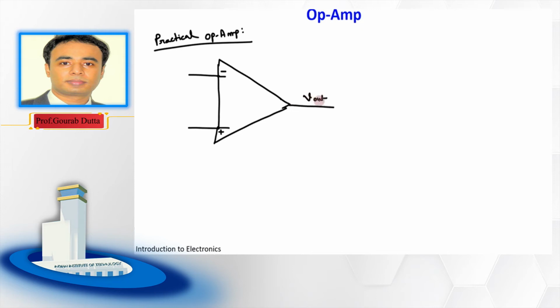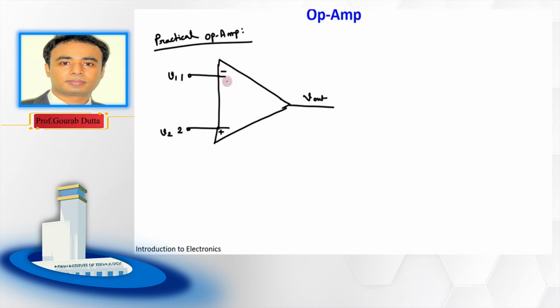This is V output or V naught that we have indicated in the last page only. And these are the two input terminals, terminal 1, terminal 2. Here the voltage applied was V1, here the voltage applied was V2.